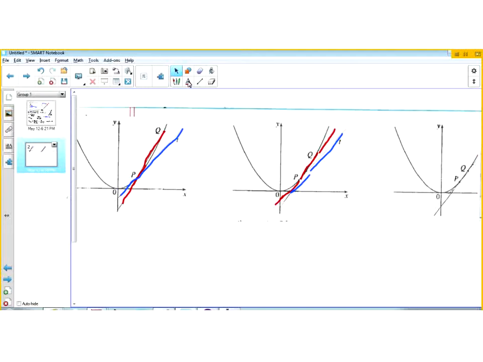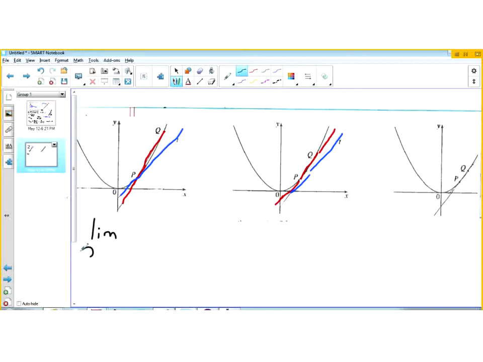Well, in calculus, we can write this as a limit problem. We can say that we have what's called a limiting problem.